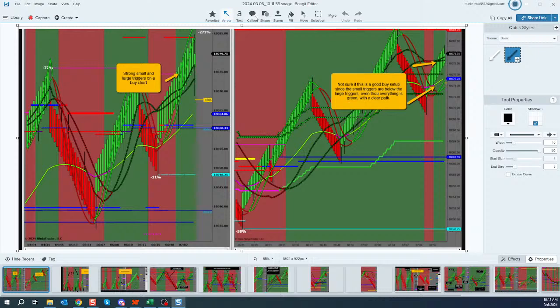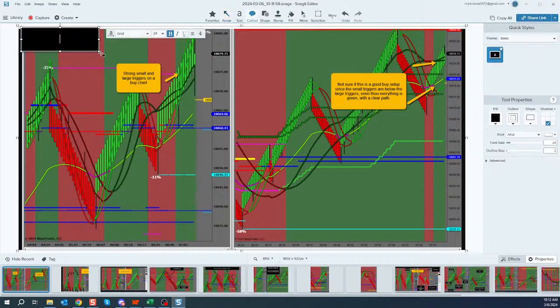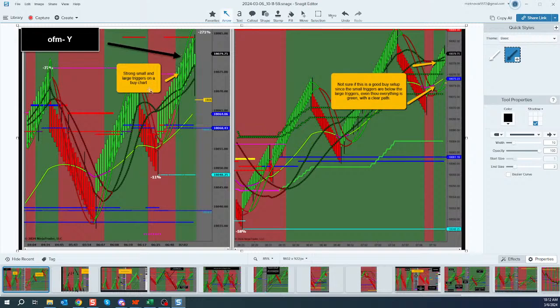And the first one is odds favorable momentum. So Grant, we can both agree that you have odds favorable momentum, right? Strong triggers, you wrote it on there. Strong, small, large. I'm not sure what a buy chart is, but we've got strength.